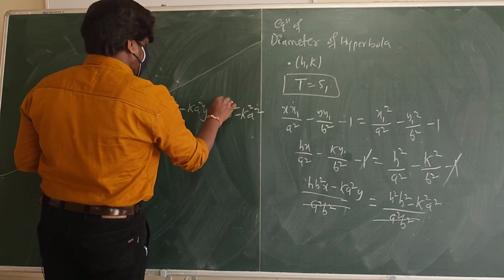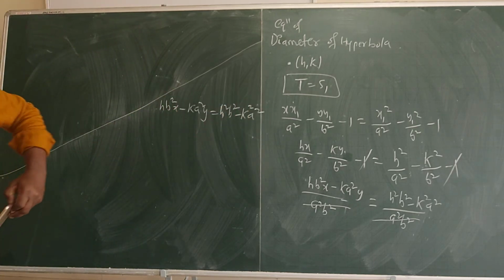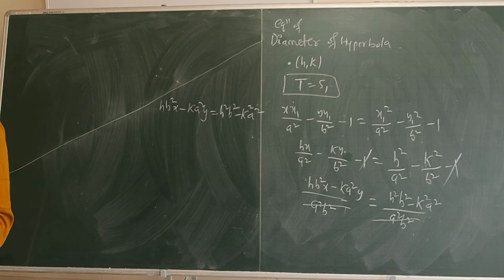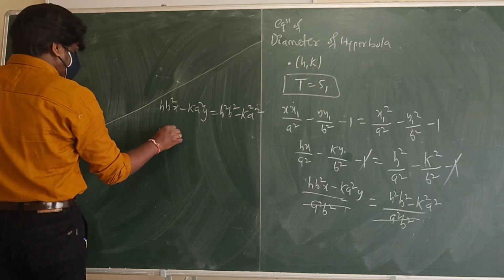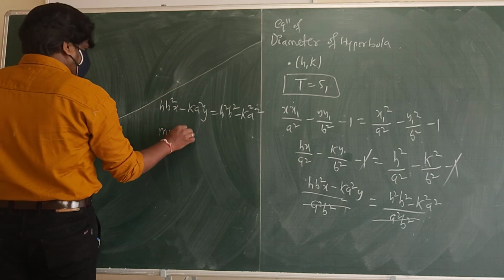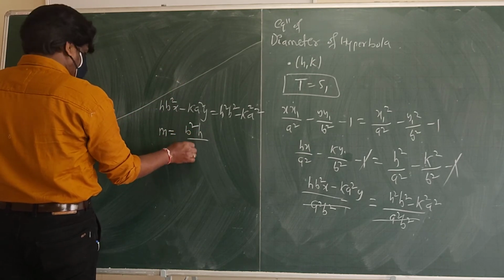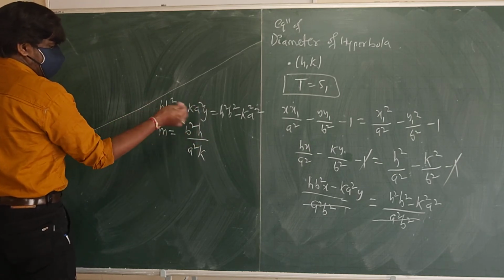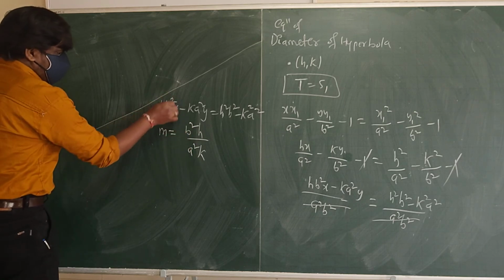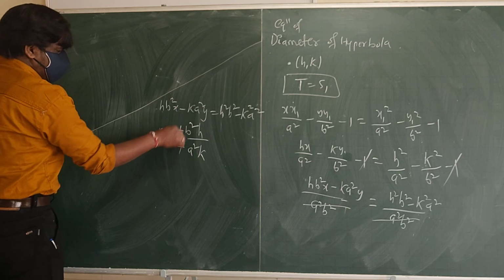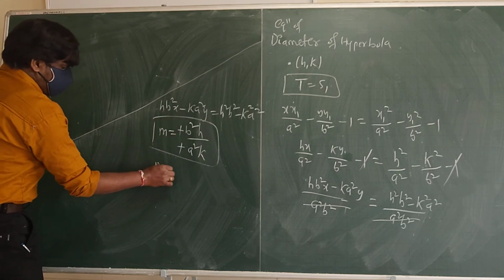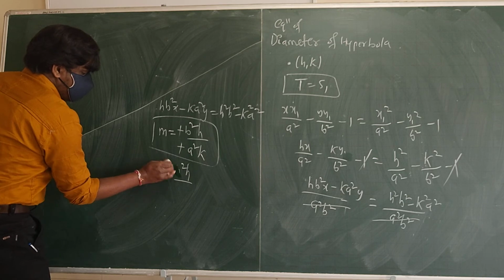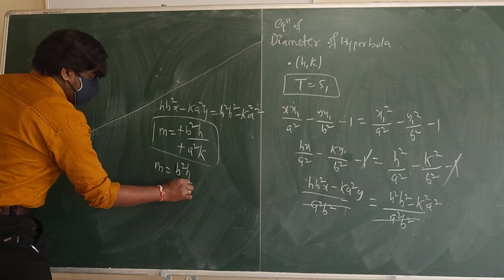You got a line equation. What is the slope of this diameter? Slope is the x coefficient by the y coefficient. So the slope of the diameter is equal to b square h by a square k, coefficient of this by coefficient of this; the minus signs cancel out. So the slope is b square h by a square k.